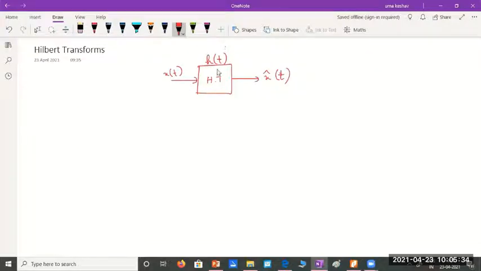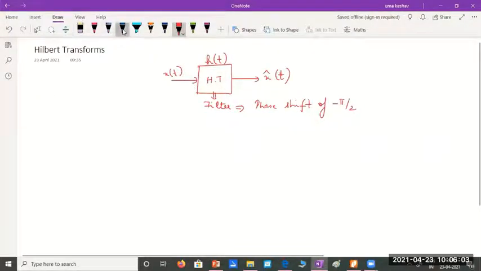So this h of t or this system, I can call it as a filter, and this filter should provide a phase shift of, from definition, minus pi by 2 to the given input signal. So let's start from that point.